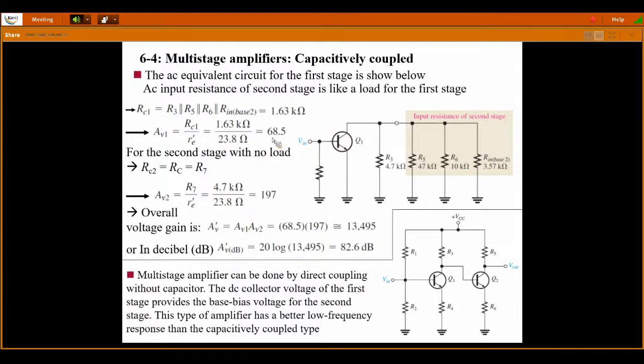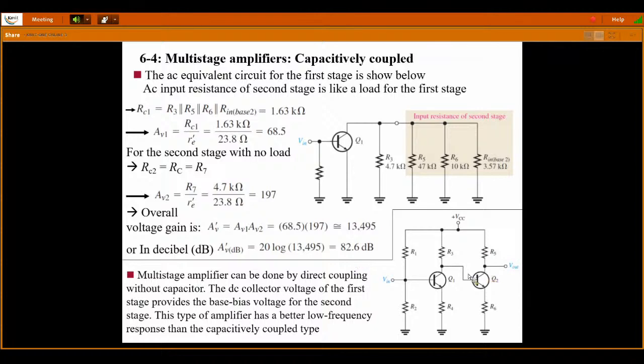So the overall voltage gain: the first stage has a gain of 68.5 and the second stage has a gain of 197. Approximately, the overall voltage gain is 13,495, and in decibels it is 20 log of 13,495, which is equal to 82.6 decibels.